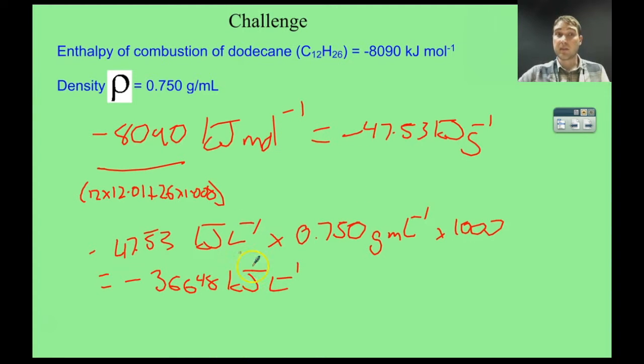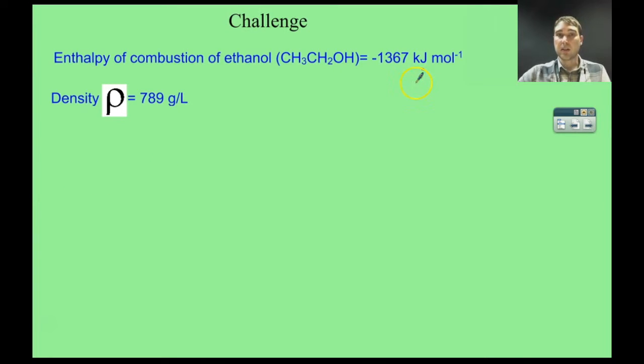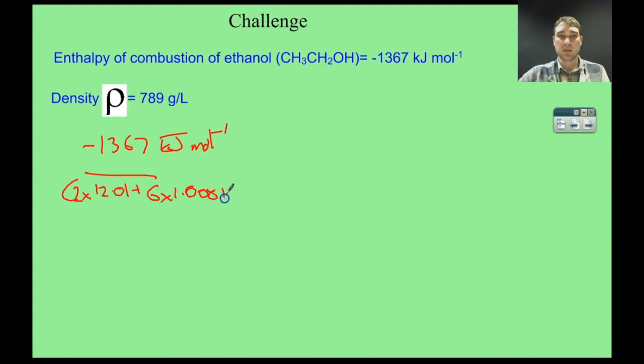So we've calculated for dodecane, let's calculate for ethanol now. So again, we're going to turn the kilojoules per mole into kilojoules per gram. So we've got minus 1,367 kilojoules per mole. Okay, we're going to divide that by the molar mass of ethanol, which is 2 carbons, so 2 times 12.01 plus 6 hydrogens, so 6 times 1.008 plus 16 for oxygen.